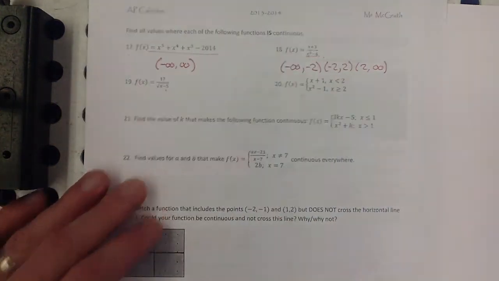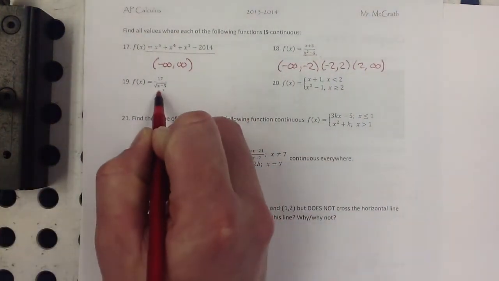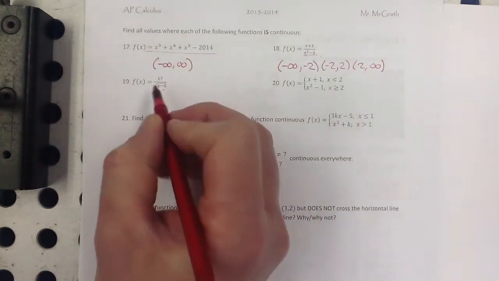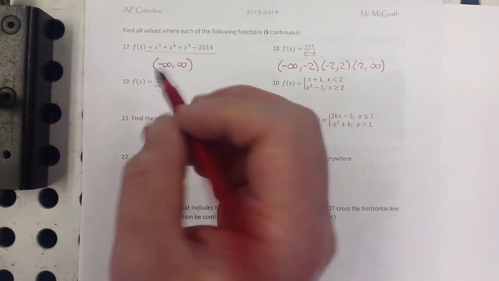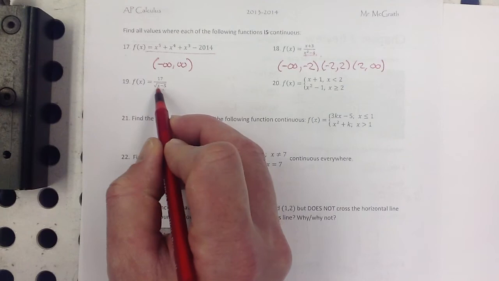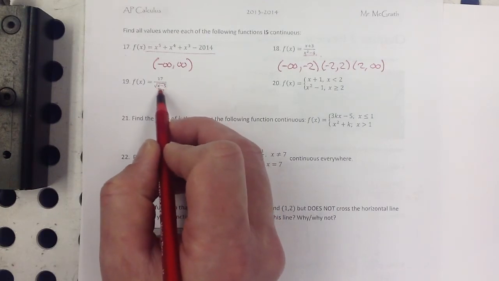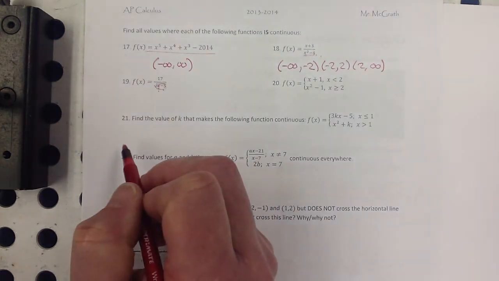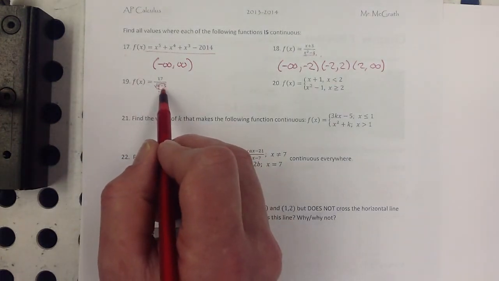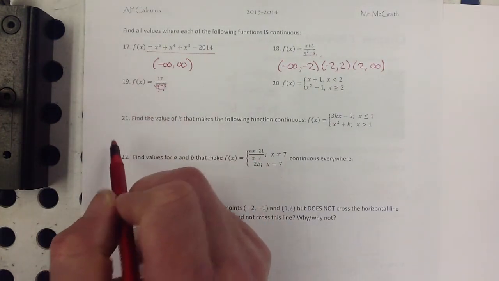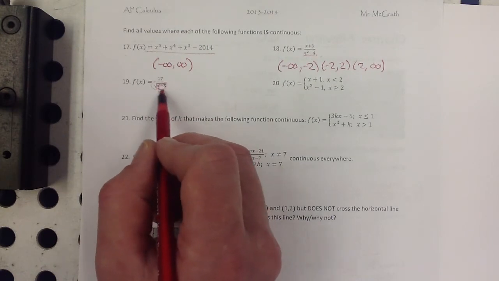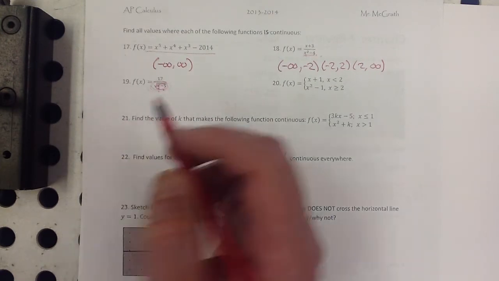How about this one? Well, when you've got a square root sign here, you can't take square roots of negative numbers, so anything less than 5 is going to make what's underneath the square root sign negative, and we can't take the square roots of those things. And also, since it's on the bottom, we can't let it be 0 either.